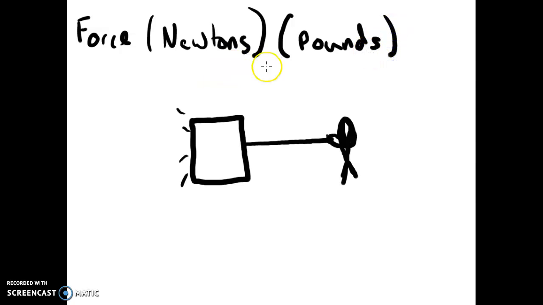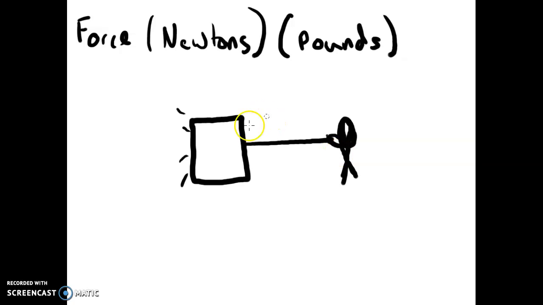We all know how many pounds we weigh. I weigh 210 pounds, and that's the force that I put on the earth when I stand on it. Or someone else, if I was to stand on them, that's how much force I would be putting on them, 210 pounds, right? So however much you weigh is how much force you're putting on the earth.